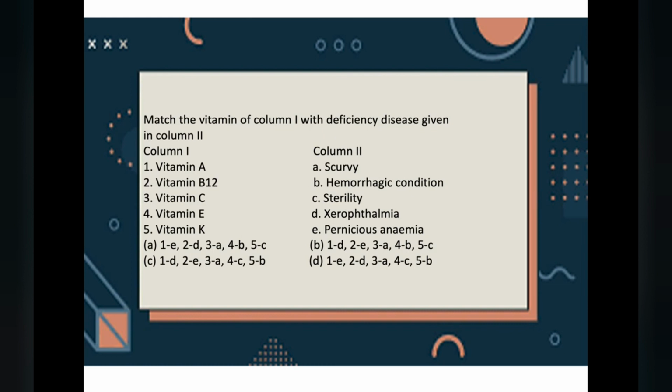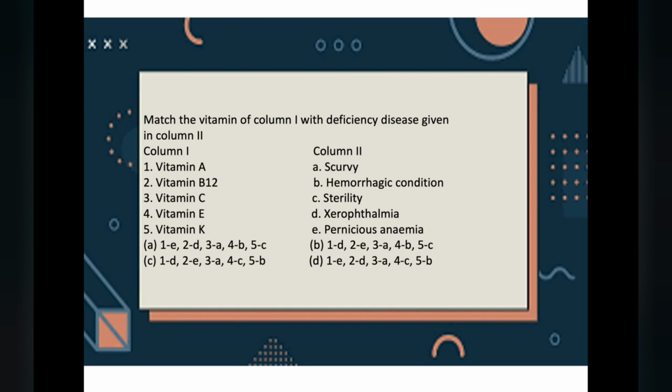Now here we have a match the following question. We had learned a chart regarding the deficiency of vitamins and the diseases caused, and I had emphasized the importance of this topic, as you get many NEET questions from it. On the left hand side we have the names of the vitamins: 1 vitamin A, 2 vitamin B12, 3 vitamin C, 4 vitamin E, 5 vitamin K. In column 2 we have scurvy, hemorrhagic condition.